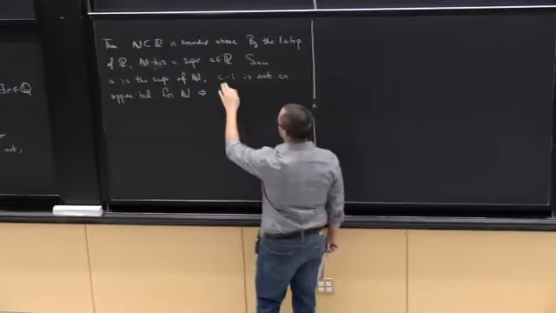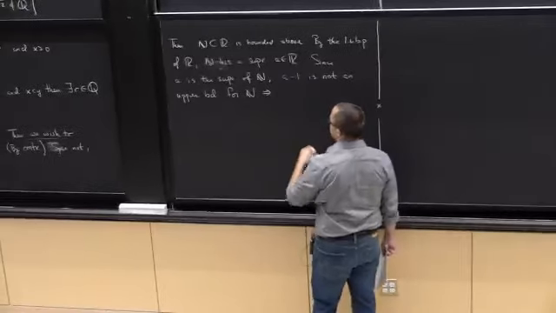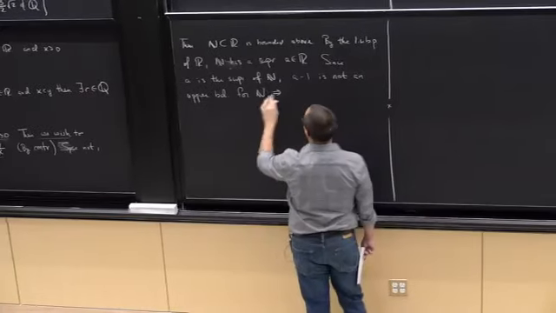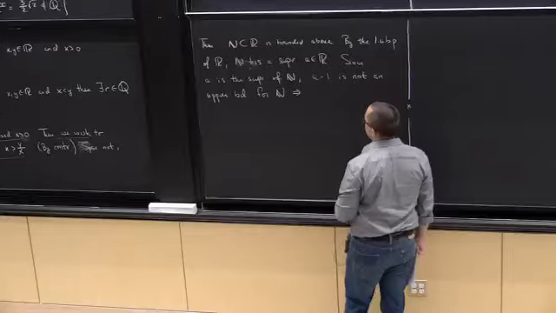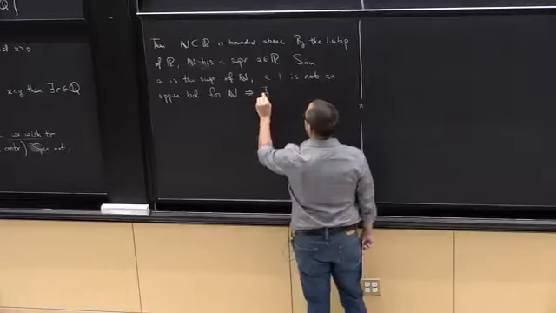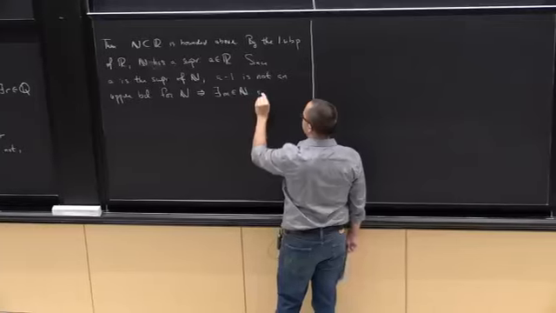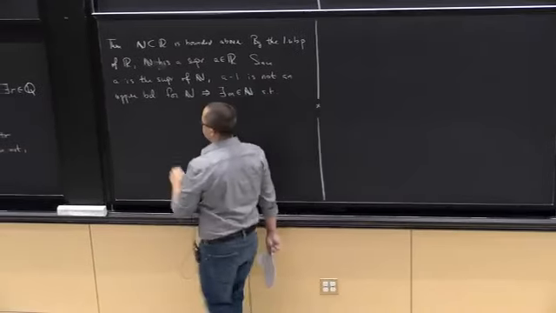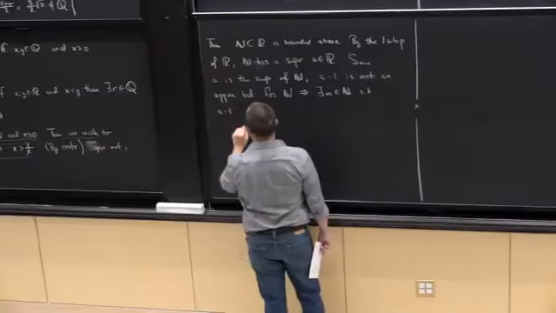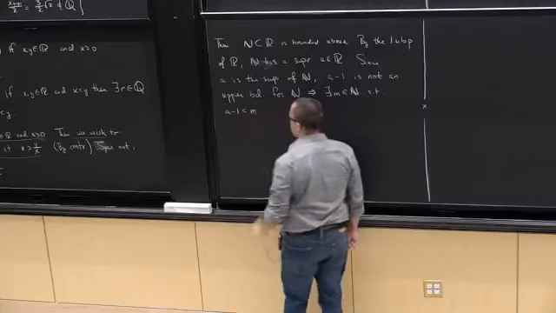So if A minus 1 is not an upper bound for N, that means there must exist some integer in N which is strictly bigger than A minus 1. There exists a natural number, I call it m, such that A minus 1 is less than m.